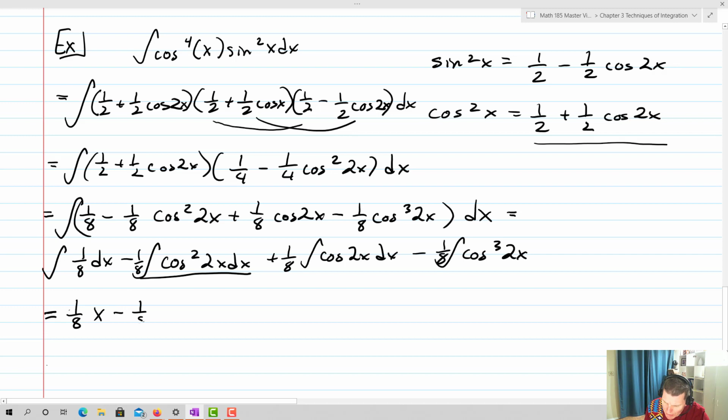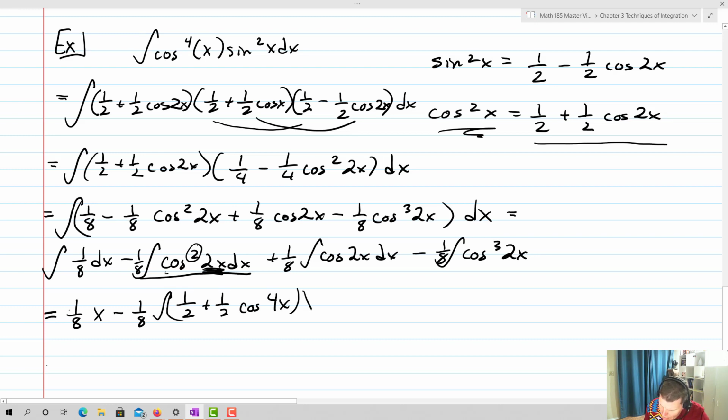Then minus 1/8, and what we're going to notice is I again have a cosine squared, although it's a cosine squared of 2x. And so I'm going to substitute again here for the cosine squared, but it's now going to be the integral of 1/2 plus 1/2 cosine, and this is going to be 4x, right? Because you're going to double the argument of the function.